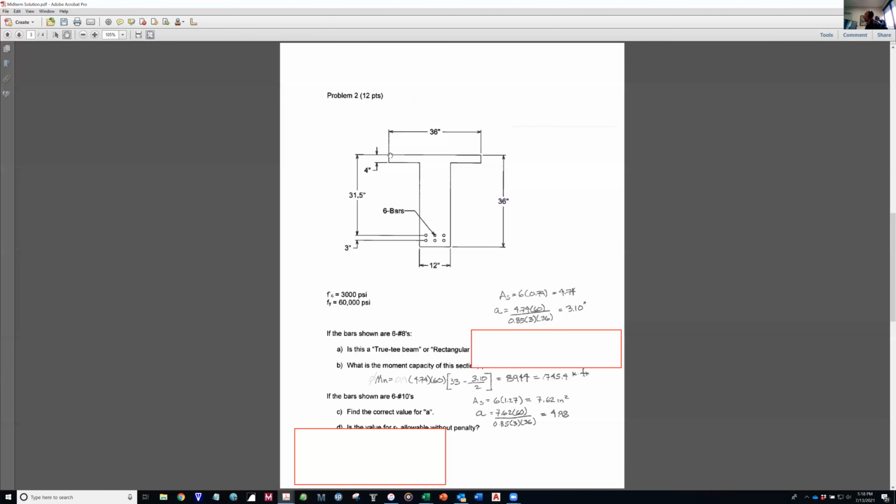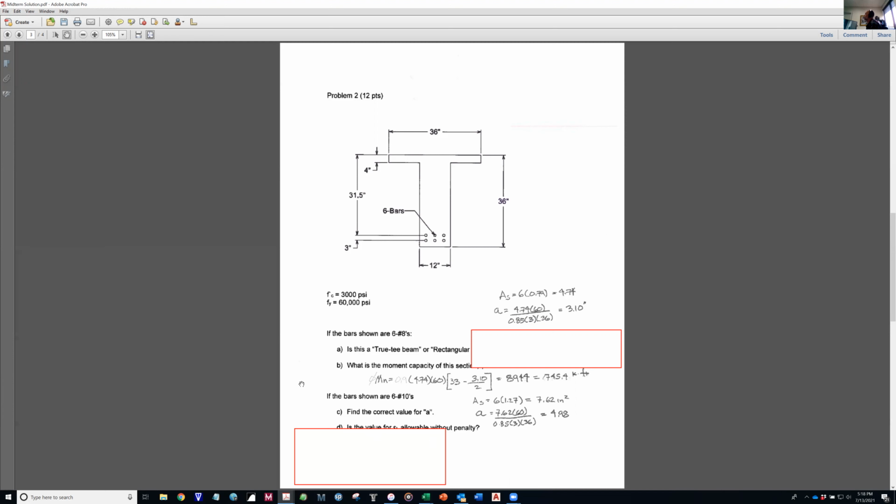So from the top, the center of the top row is 31.5. The distance between the rows is 3 inches, so 31.5 plus 1.5 gives you 33 inches. 33 minus 3.10 over 2 gives you 745.4 kip-feet. That's your nominal capacity.